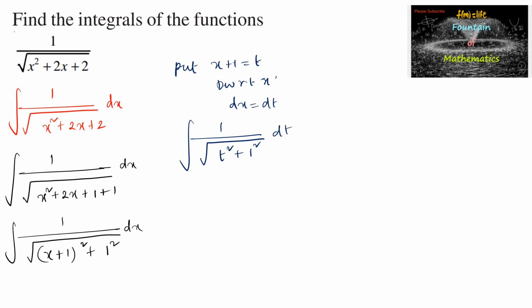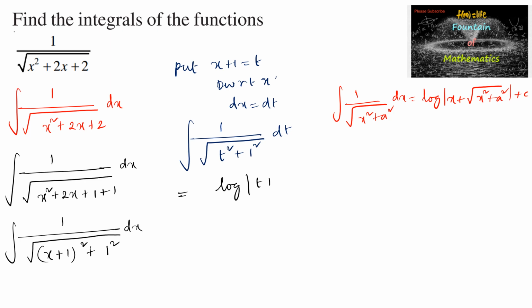And we know that integral 1 by root of x square plus a square dx is equal to log mod of x plus root of x square plus a square plus c. So we can write here, which is equal to log mod of t plus root of t square plus 1 square, that is 1, plus c.